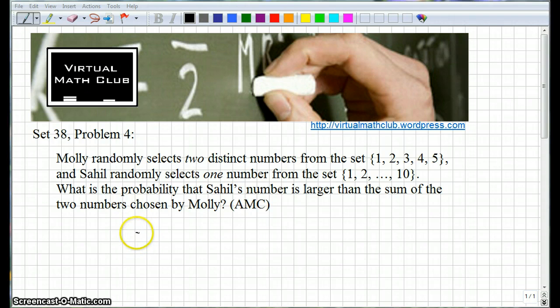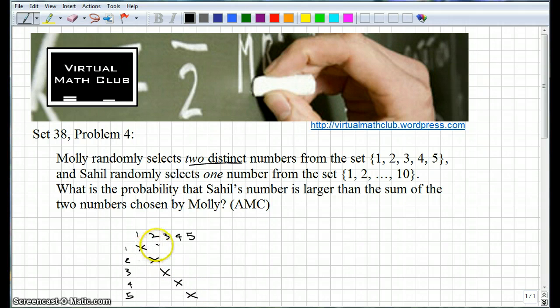She could choose 1, 2, 3, 4, or 5 for the first number, and 1, 2, 3, 4, or 5 for the second number. And she chooses two distinct numbers, so she doesn't choose 1 twice or 2 twice. So let's put an X across there for the numbers that would be duplicates.